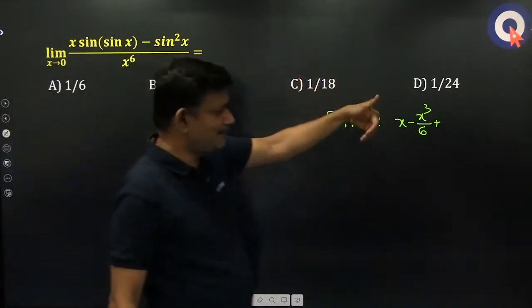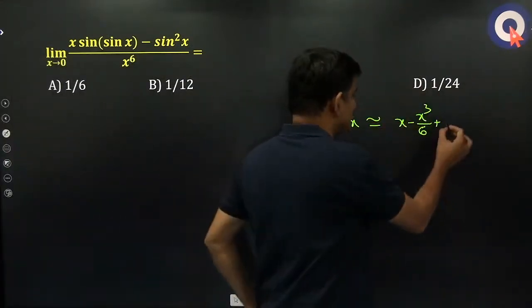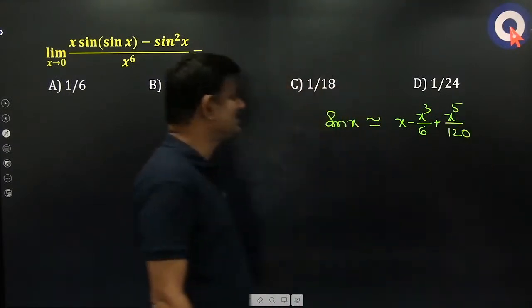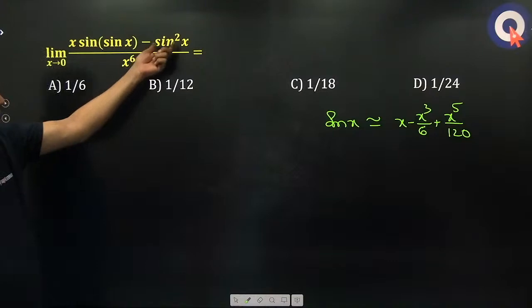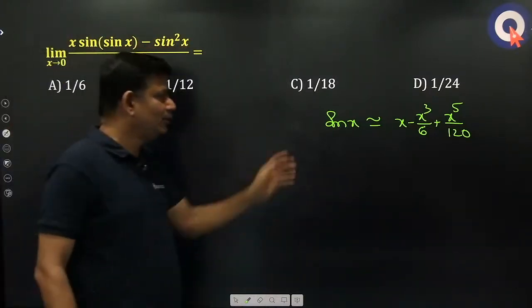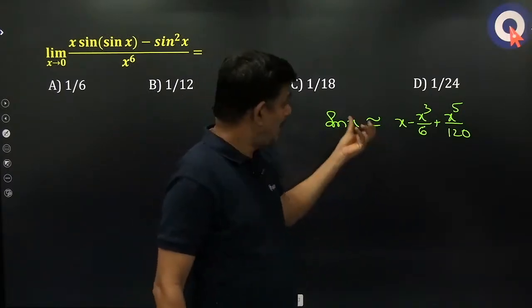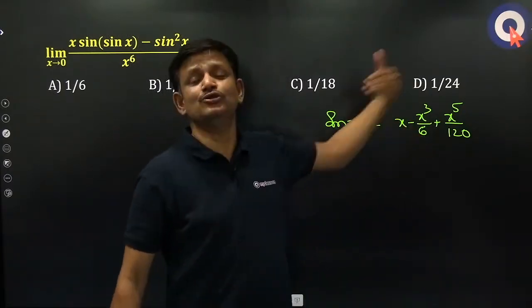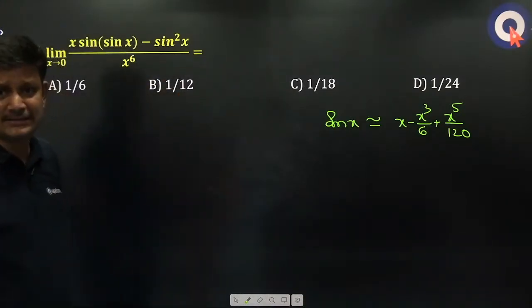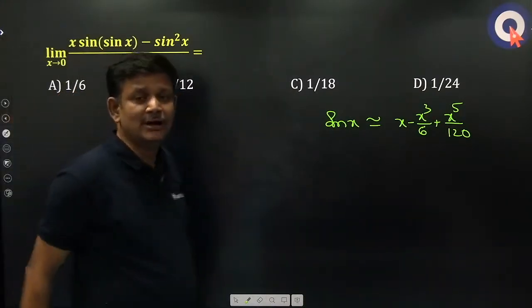So at least my focus should be on the next term as well, x power 5 by 120. This is what I can replace sin x with. Here it is simple, but here it is sine of sin x. So inside sine, I have to replace sin again and use the expansion one more time. So this will be a lot of simplification. Not that easy. Yes, you can do it, but not that easy.